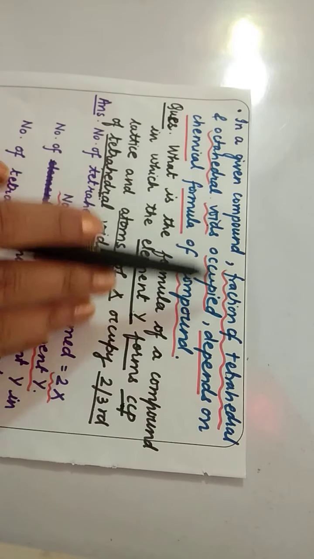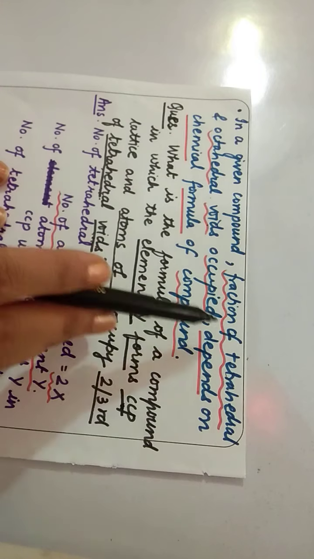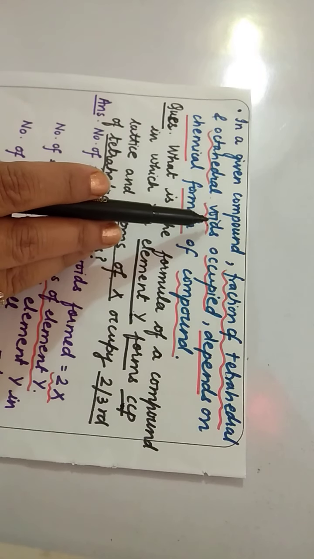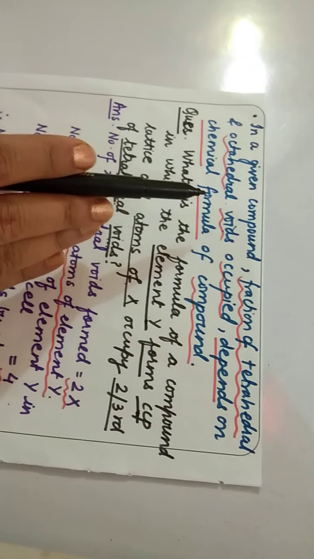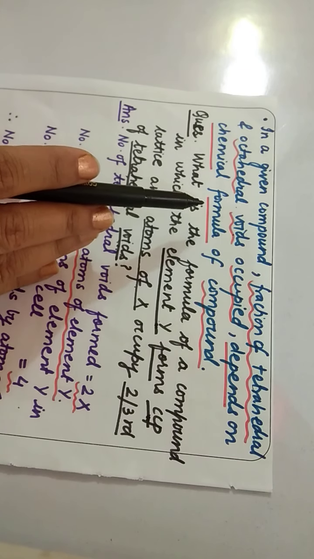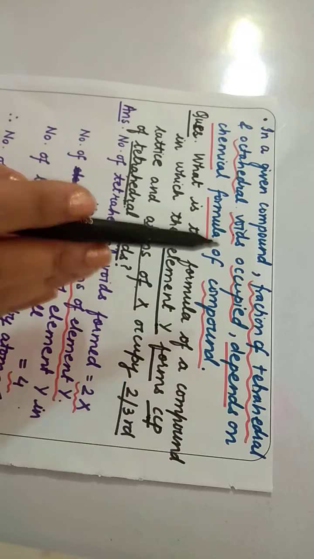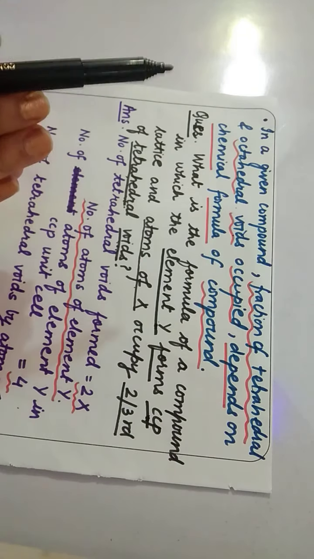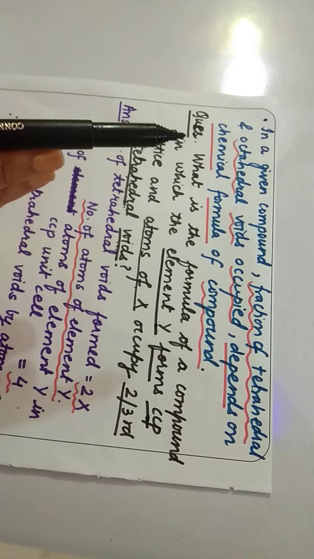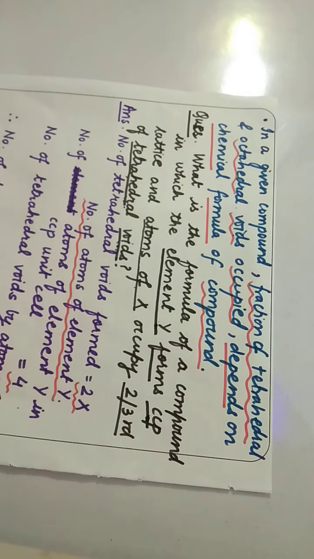In the case of CaCl2, calcium chloride, the numbers will be different. NaCl will have different, CaCl2 will have different, PbCl2 will have a different number of these voids.